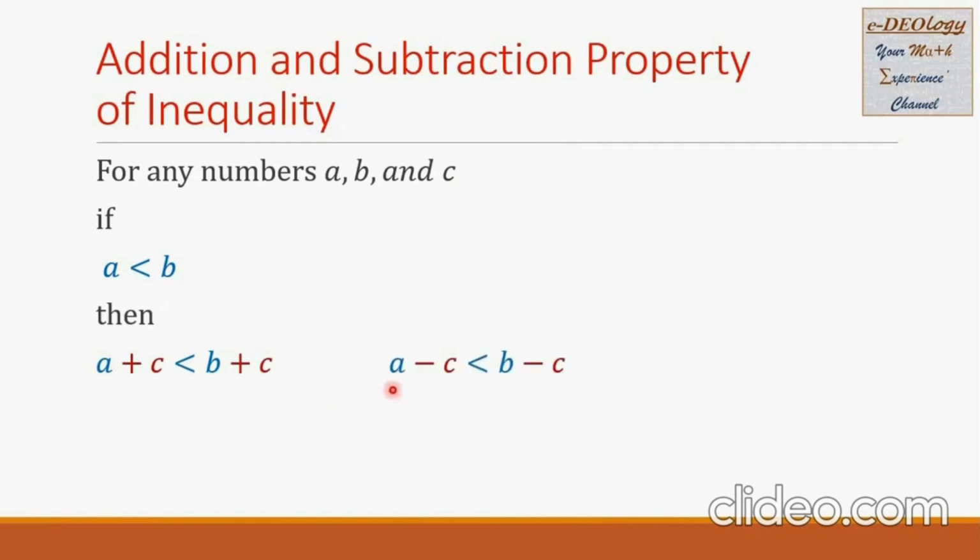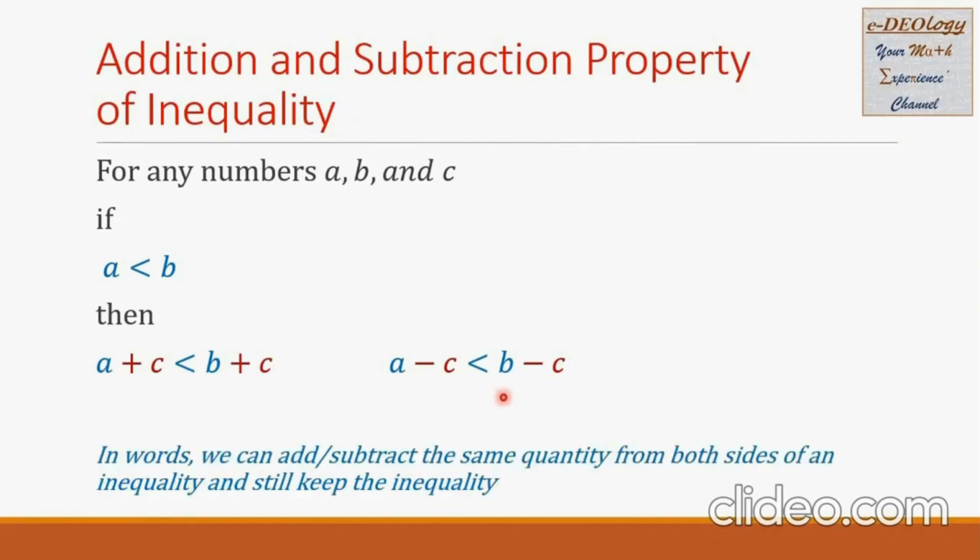Also, a minus c is less than b minus c. In words, we can add or subtract the same quantity or number from both sides of an inequality and still keep the inequality. It means the sign of inequality remains the same.